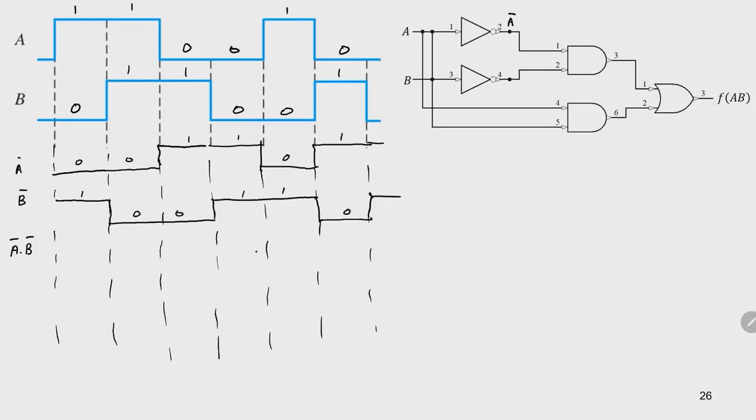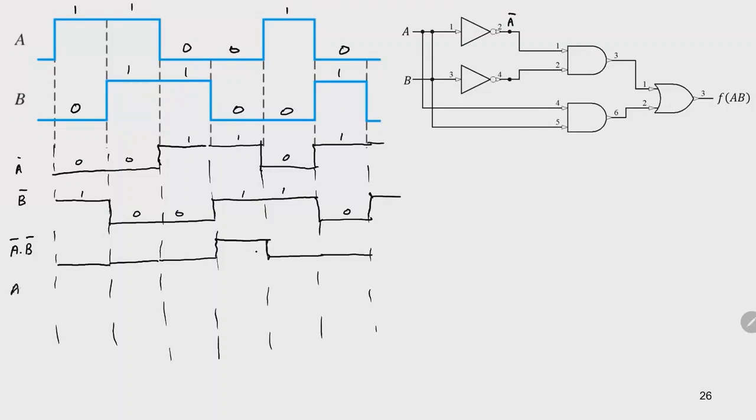Then the NAND of these two. So 0, 0 is going to give 1, 0, 1 is going to give us 1, 1, 0 going to give us 1, and then 1, 1 gives us 0. Then this gives us 0, and 1, 0 gives us 0.